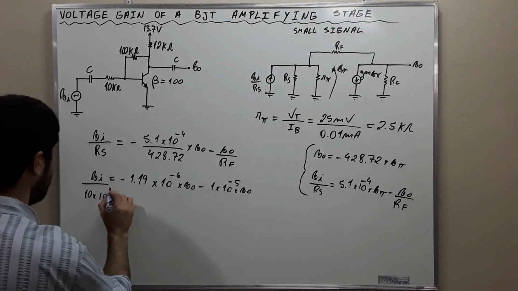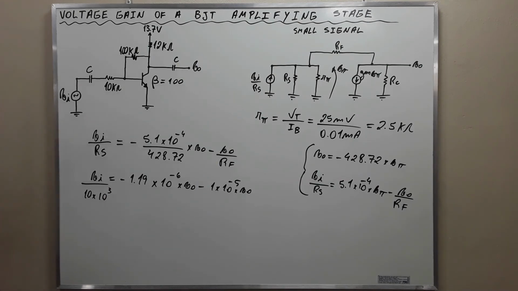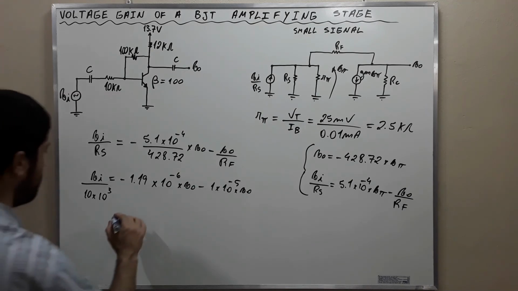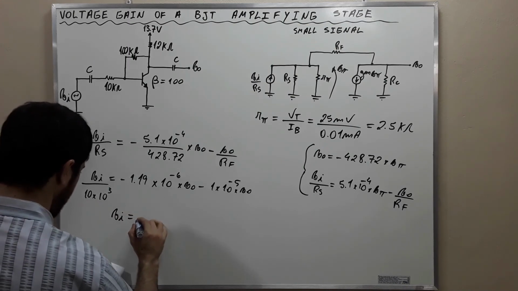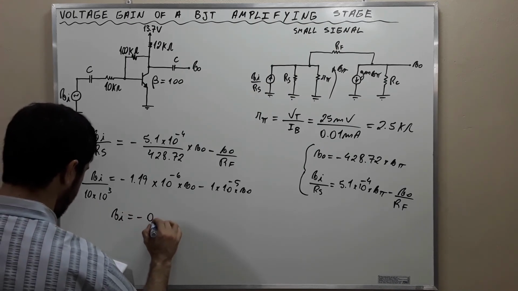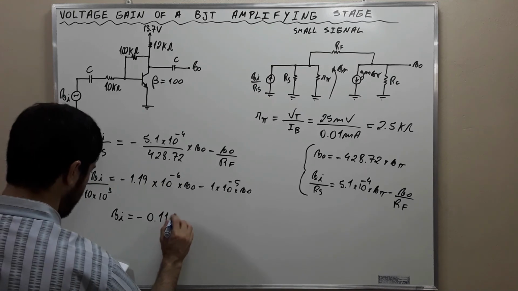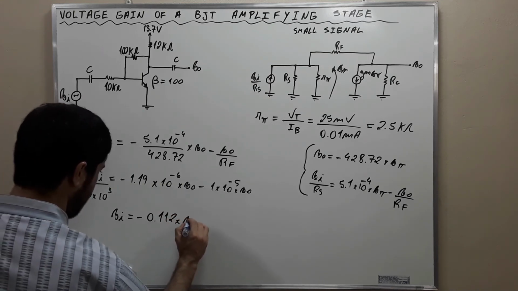And developing even more, we discovered that VI is equal to minus 0.112 times VO.